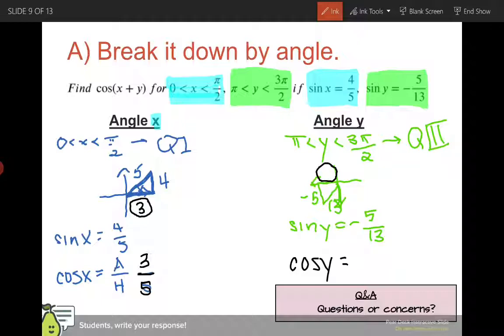You can use Pythagorean theorem, or you can say, hey, I know this is a Pythagorean triple. It's a 5, 12, 13. And it's negative in the third quadrant. So it's -12 over 13. That's step A. Seems like a lot of work, but step B is real quick and simple.